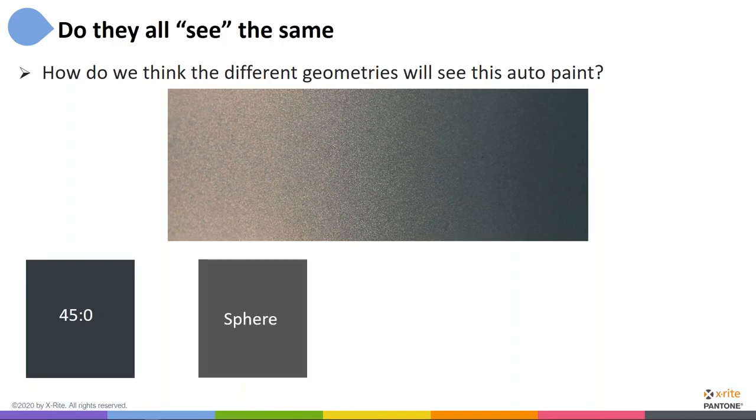And I measured it with a sphere, and it didn't really matter whether I used specular included or specular excluded, I got that. Now, you can see visually the 45-0 and the sphere are seeing it as different colors. And think about it, the 45-0 is measuring it at one angle, right, with a directional light source. The sphere, because it has diffuse light, is like averaging all the different angles together in some ways.